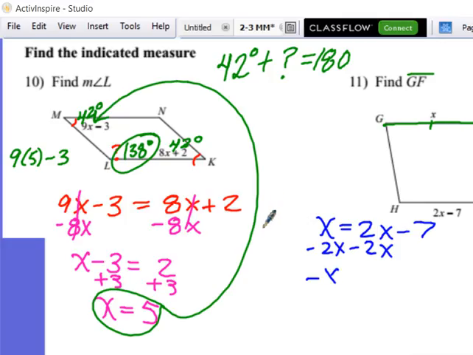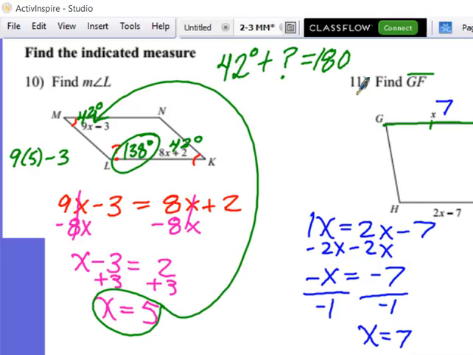So now that's negative x, because look, 1 minus 2 is negative 1 equals negative 7. So when we divide both sides by negative 1, x equals 7. So make sure we look and say, okay, if x equals 7, then we'll plug 7 in here. Nope, a negative divided by a negative is a positive. You're okay. So 7's our answer, right? Because we didn't have to do anything since that was x. Everybody? Okay, good.